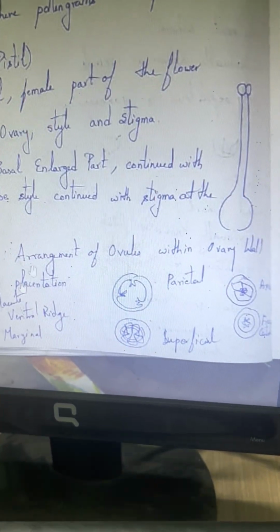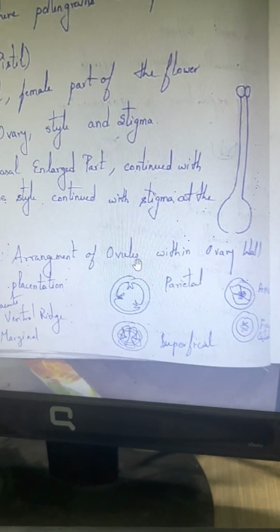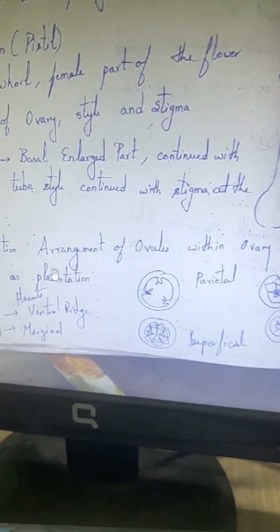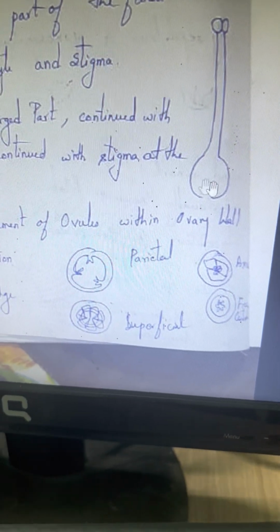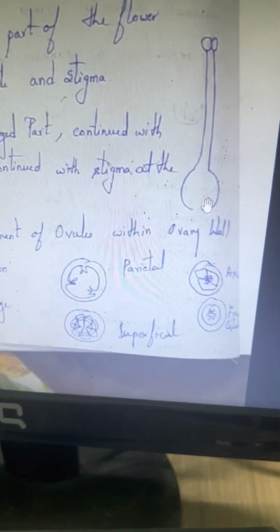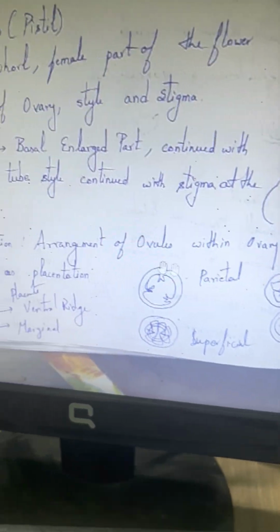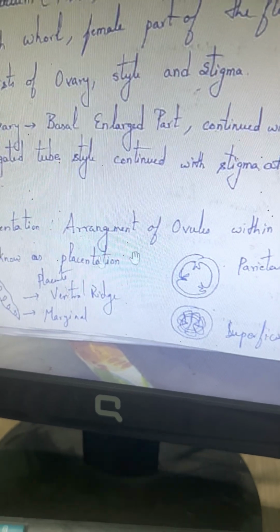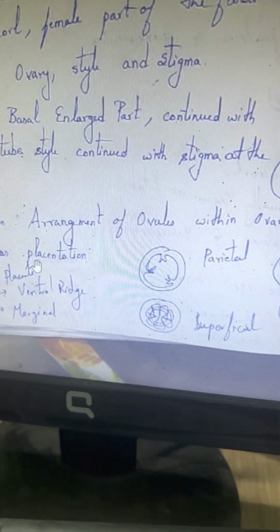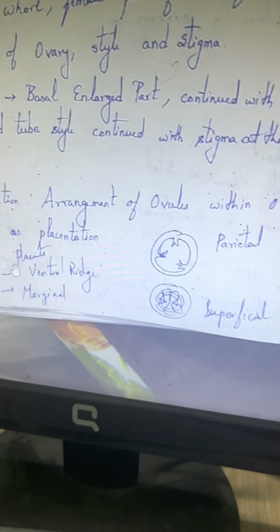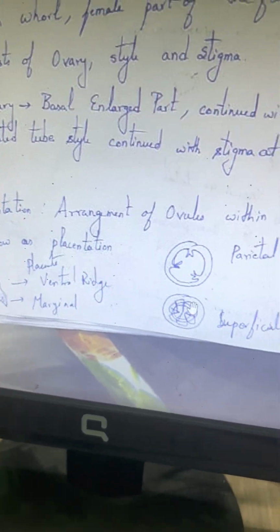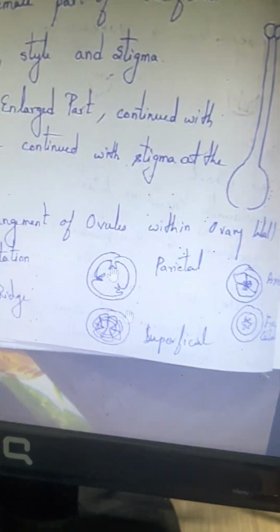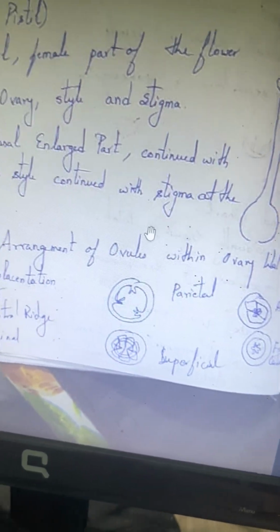Inside we have a wall on which the ovules are arranged, like this. This arrangement of ovules on the ovary wall is known as placentation. We have various types in this, like marginal, parietal. This is not important for you, so just skip this.